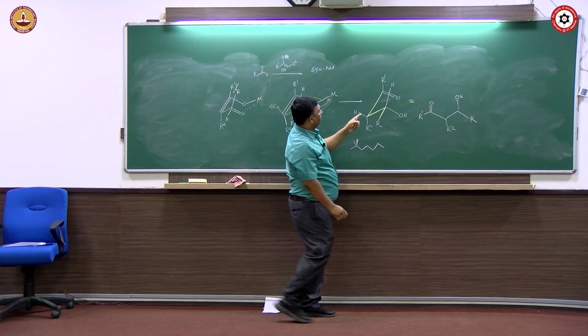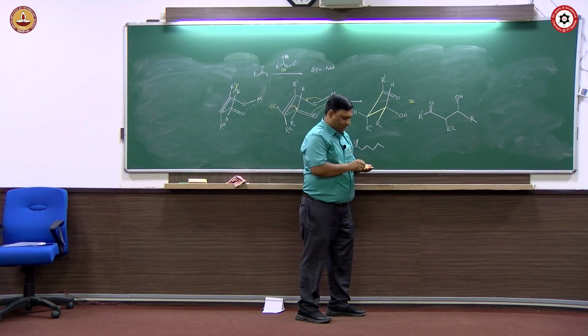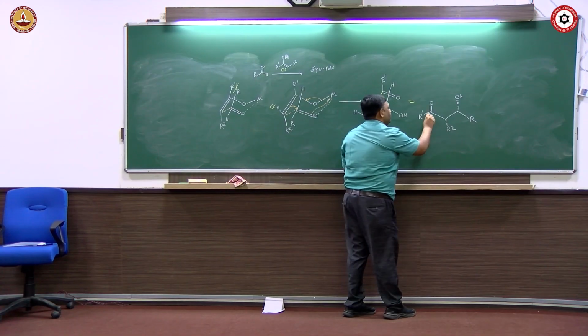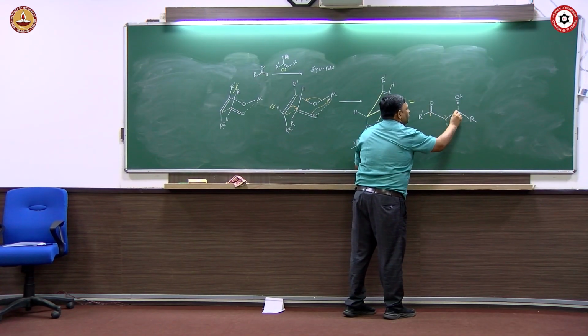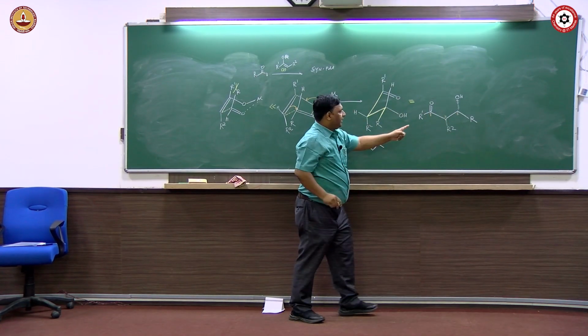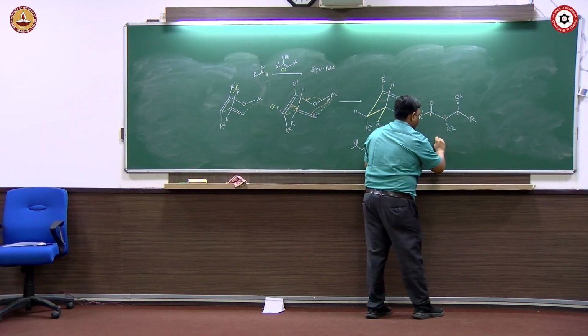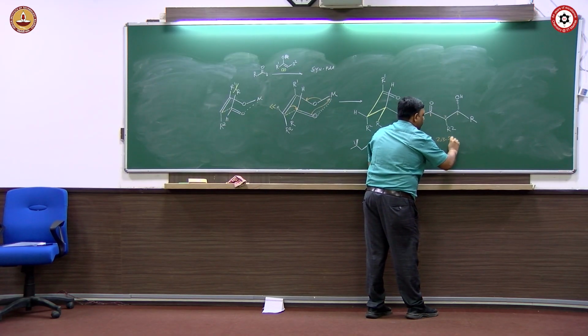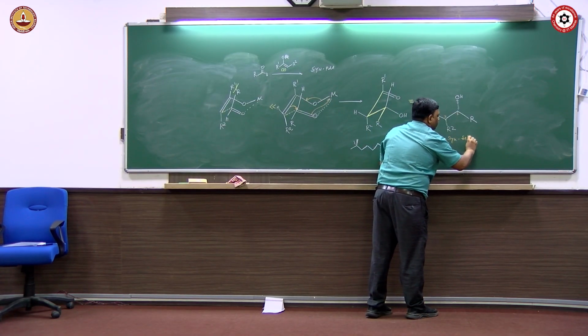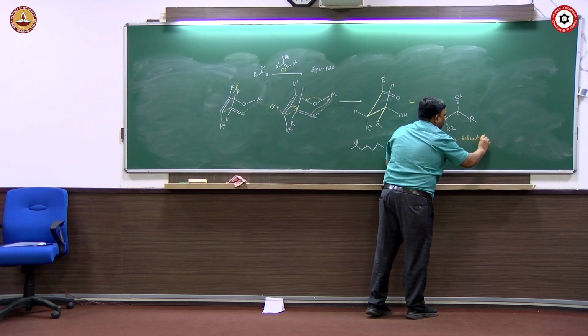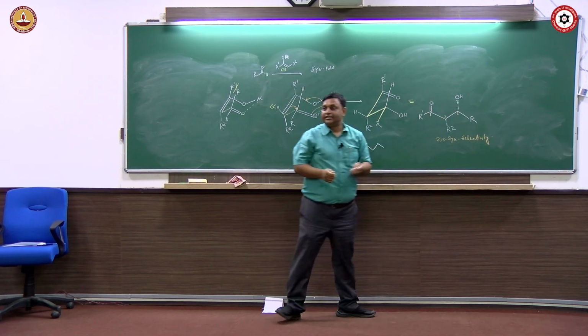So you can see now what is exactly happening. If I try to give numbers 1, 2, 3, so 2, 3, I have a syn selectivity. 2, 3 syn selectivity.